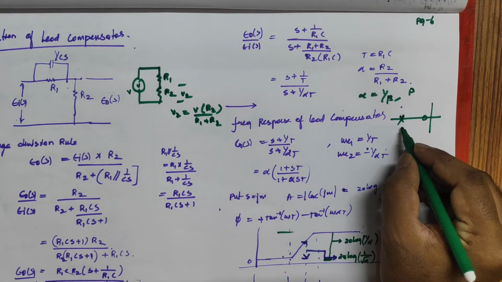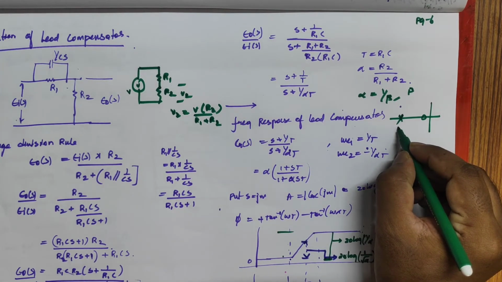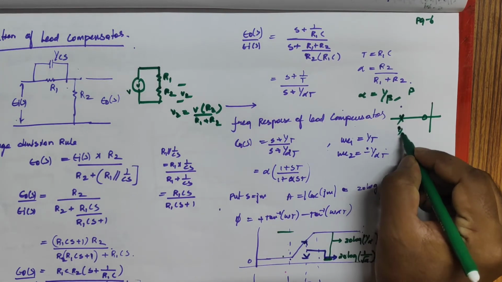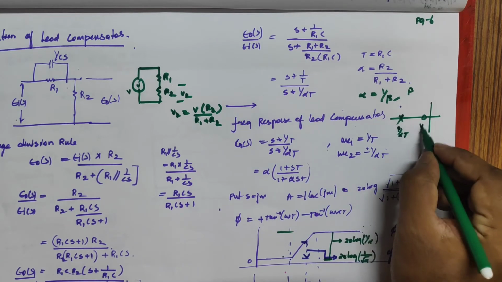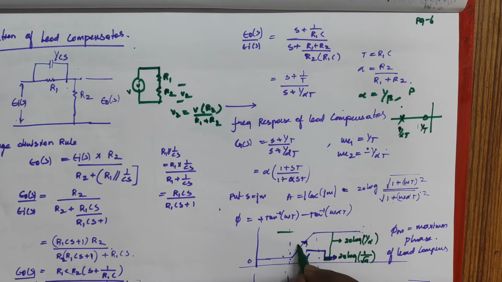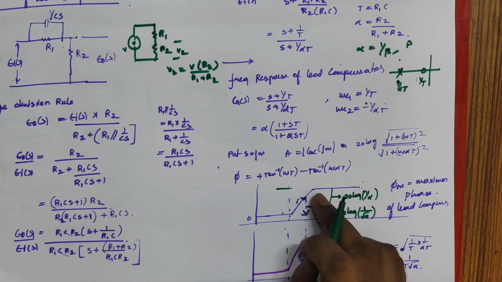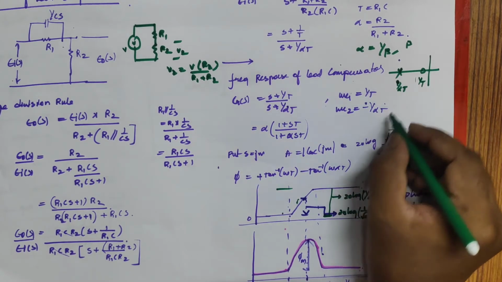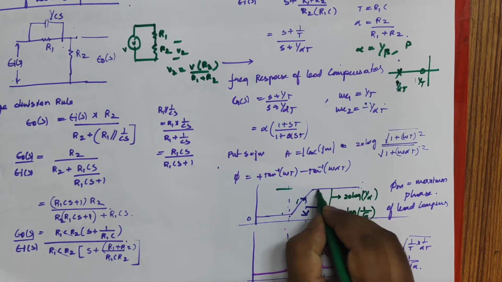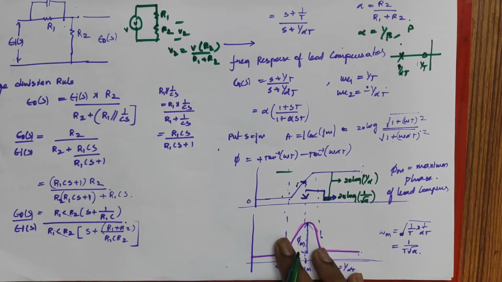After reaching this corner frequency, 1 by alpha T, this is 1 by T, the first corner frequency where I get the zero, that is plus 20 dB magnitude. At this corner frequency we add the pole. We have to make sure of this.